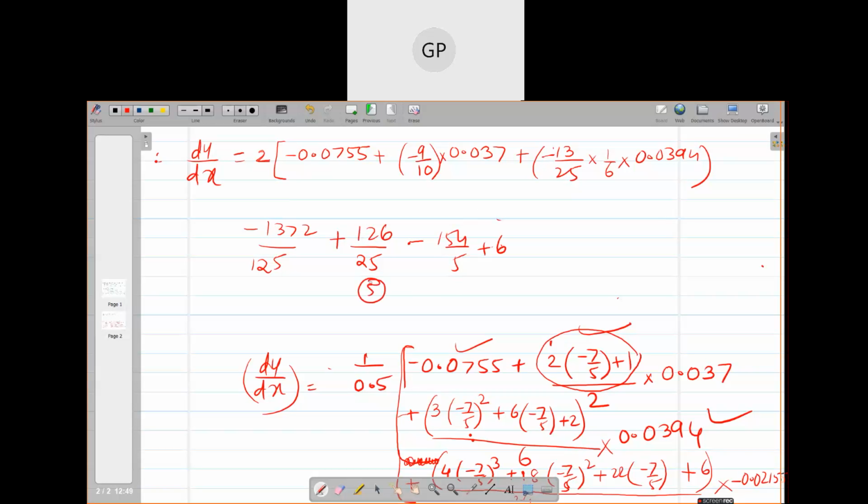This is 25 fives are, this is 25, this is 125 into 6.